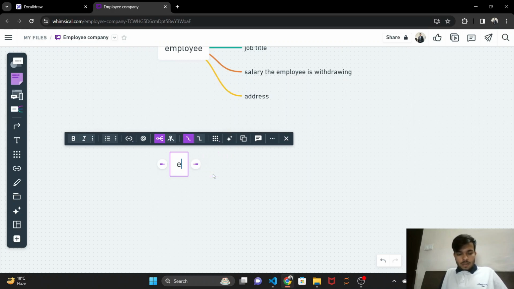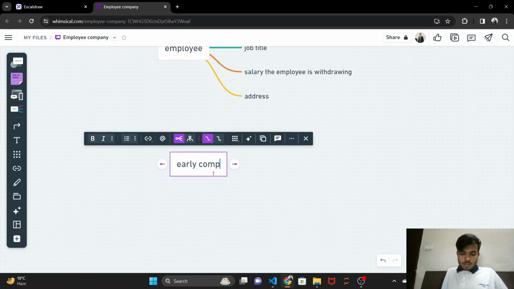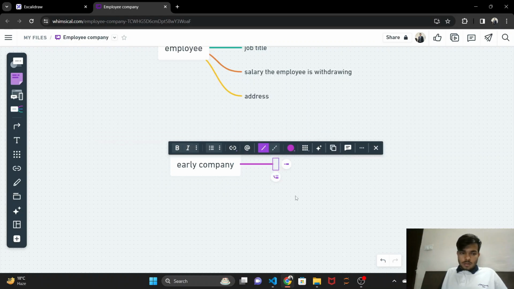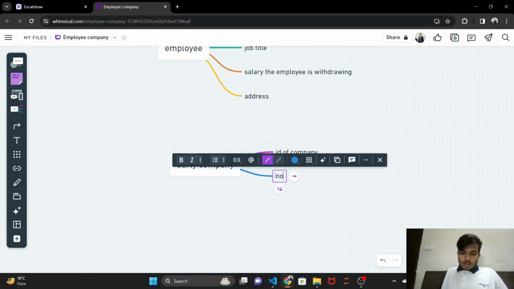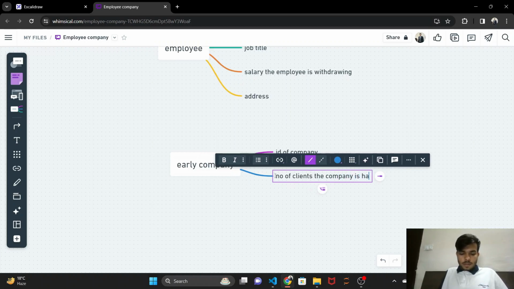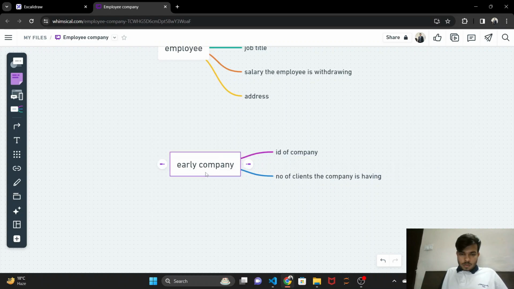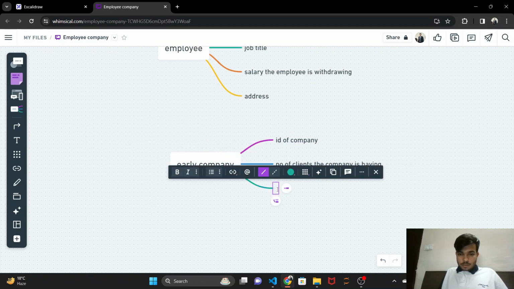early company. Early company can have the following attributes like ID of company, number of clients the company is having, and another attribute can be address of company.